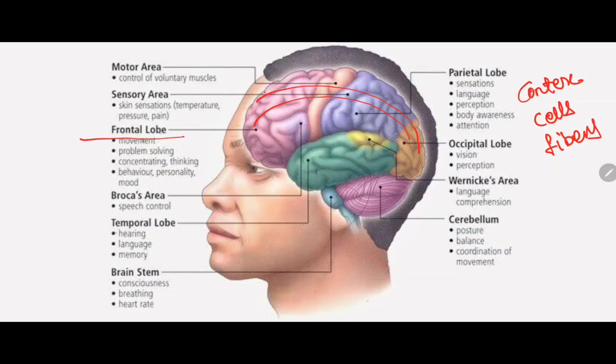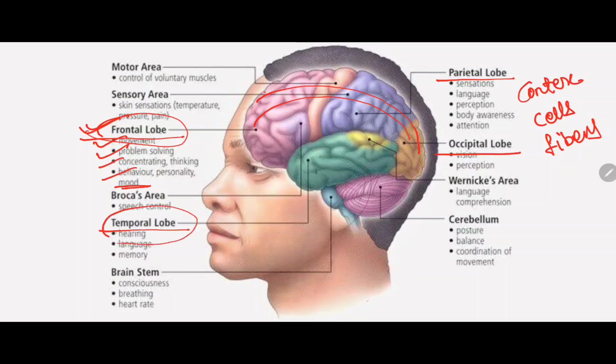The frontal lobe, temporal lobe, parietal lobe and the last one is the occipital lobe. The frontal lobe controls movement, problem solving, concentration and thinking, behavior, personality or any kind of mood change. Sometimes it is responsible for controlling the higher thinking skills.